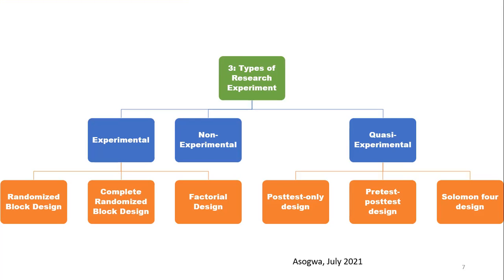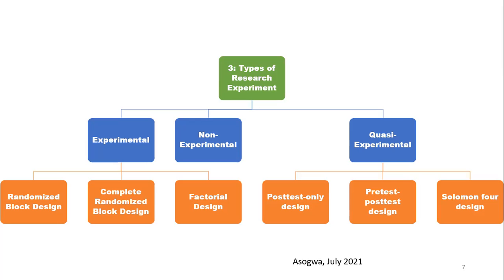In the experiment, the variables are manipulated under controlled conditions. And in that case, we have designs that are used. We have randomized block design, complete randomized block design, and we have the factorial design.